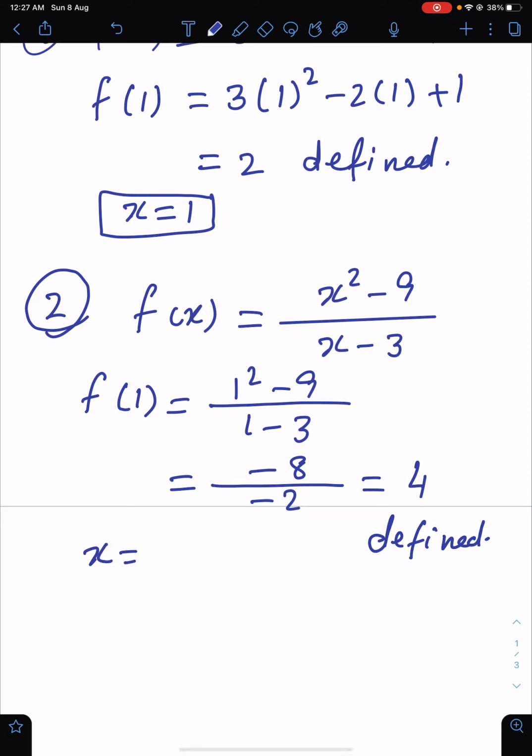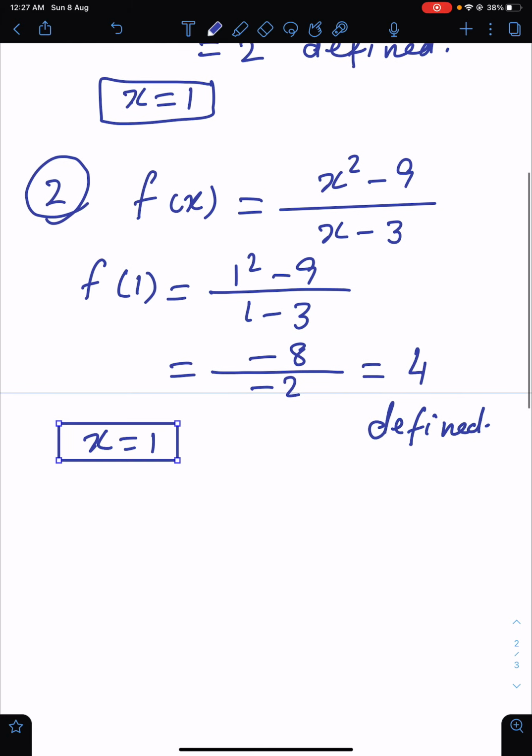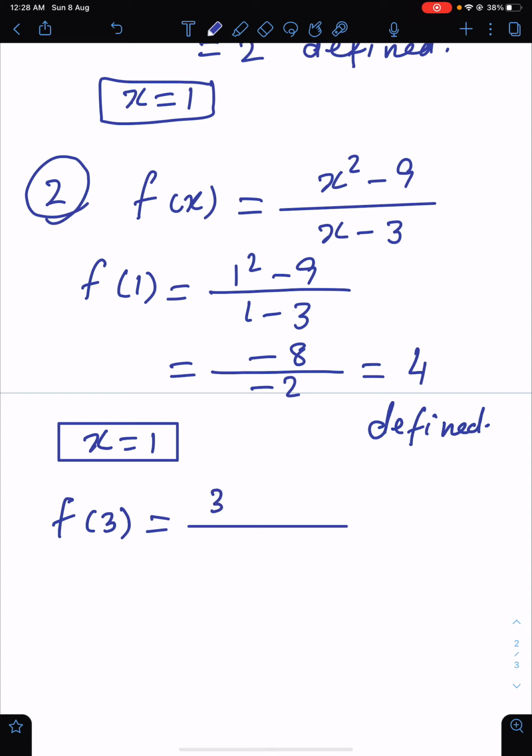And x in this case equals 1. Therefore, when x equals 1, this function is defined. When x equals 2, the function again is going to be defined. But now let's see what happens when x equals 3. So f of 3 equals 3 squared minus 9 divided by 3 minus 3.